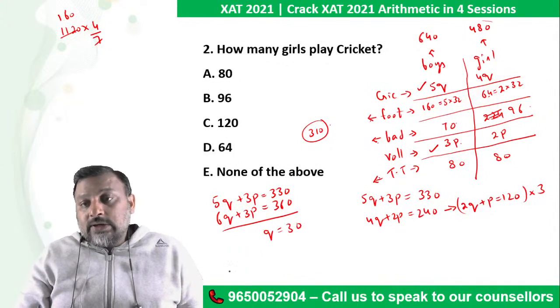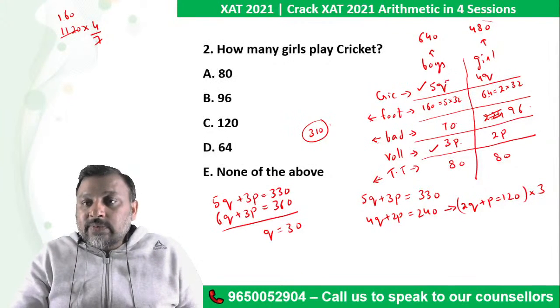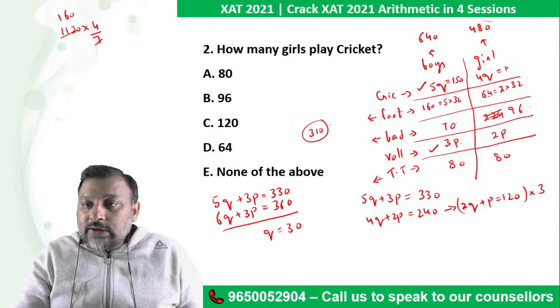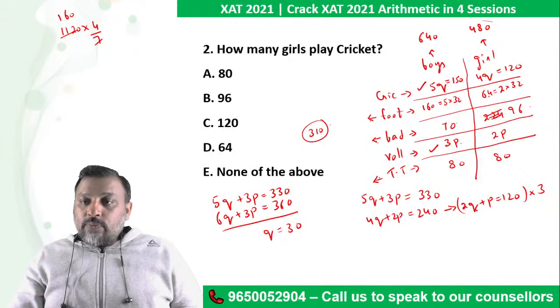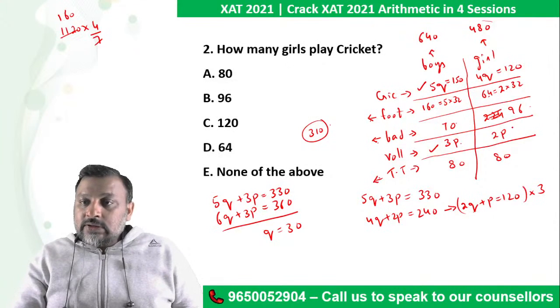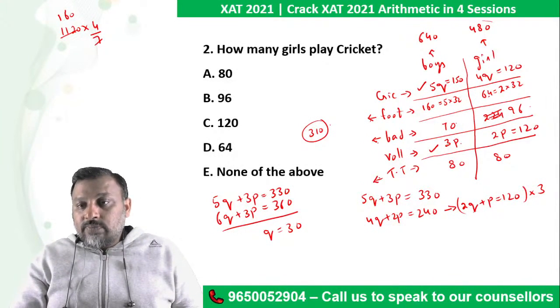So q would be 30. So q is 30, that means this is 150, this is 120. If q is 30, if I put it here, this becomes 60 and p would be 60. So p is 60, so this is 2p and this is 3p, which is 180.